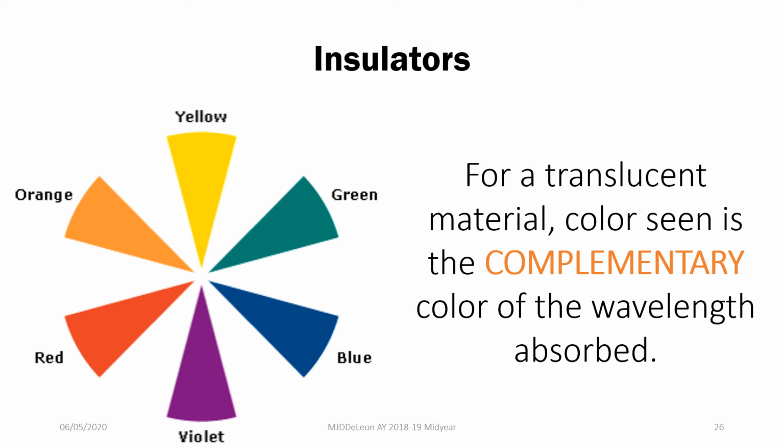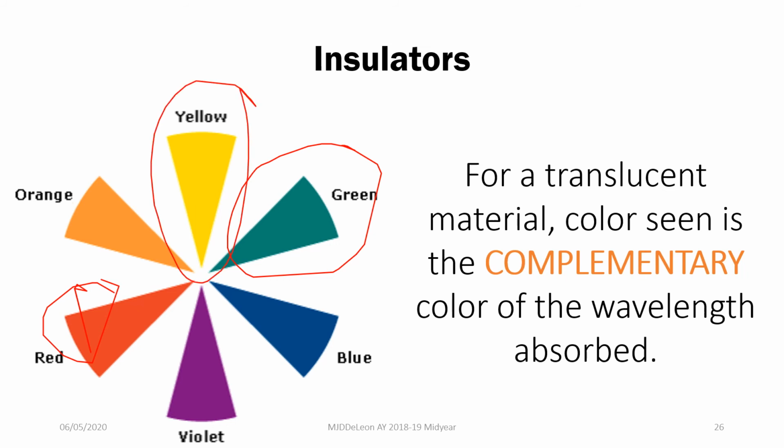So for example, if it absorbs green light, it would appear red. If it absorbs yellow light, it would appear purple. And so on.